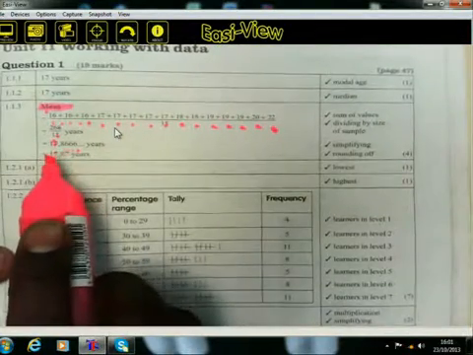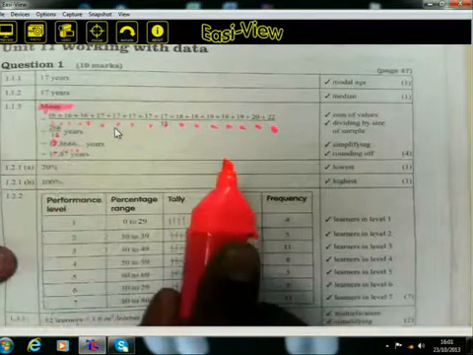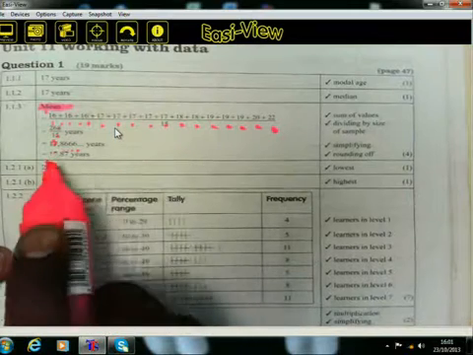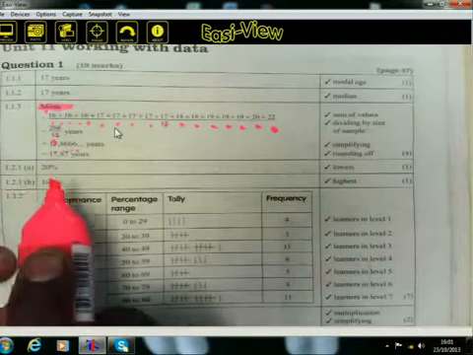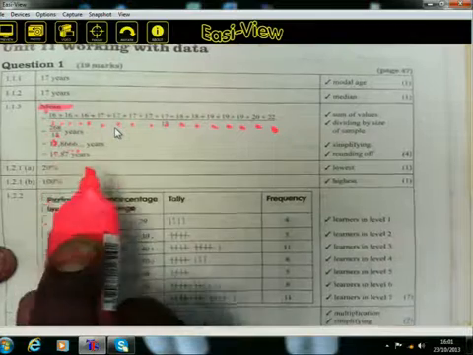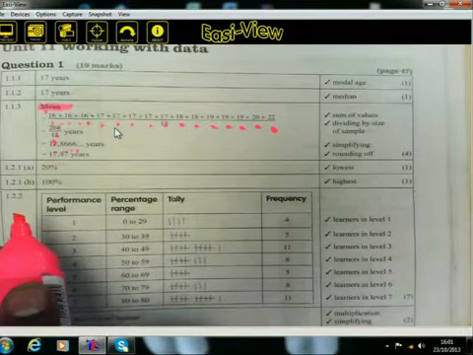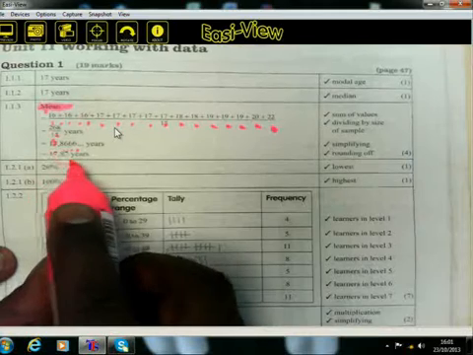Now, let's see. It was 17 comma. Remember, numbers behind the comma, we call them individually. We can't say 17 comma 8,666. No, it's wrong. We have to say 17 comma 8666. Now, when we round it off, it will be 17 comma 87. Yes. That means our mean is 17,87.